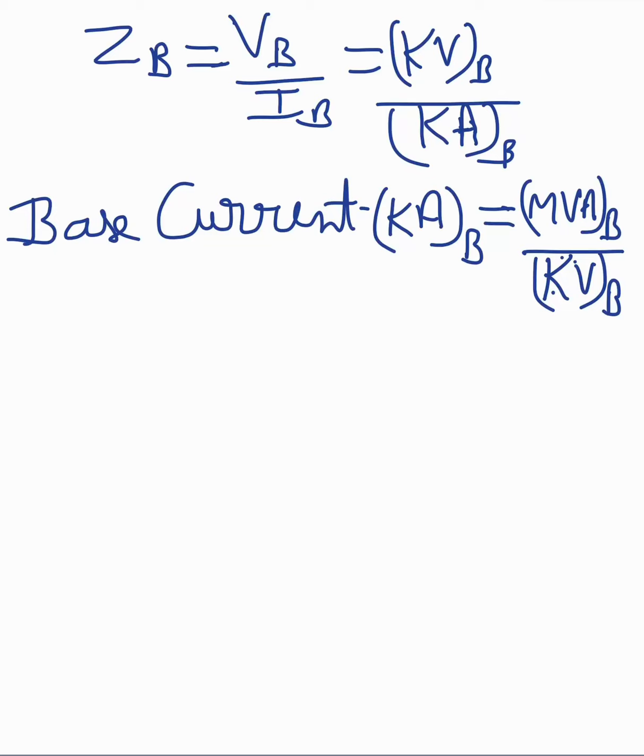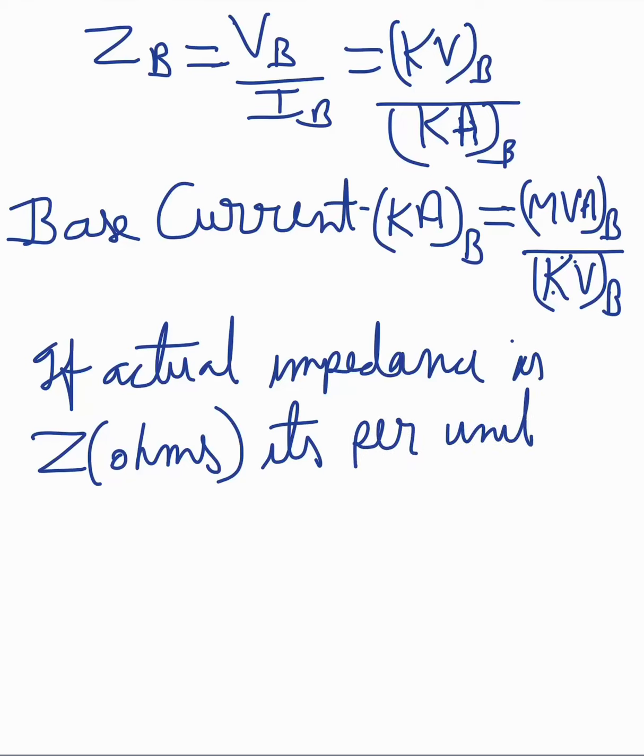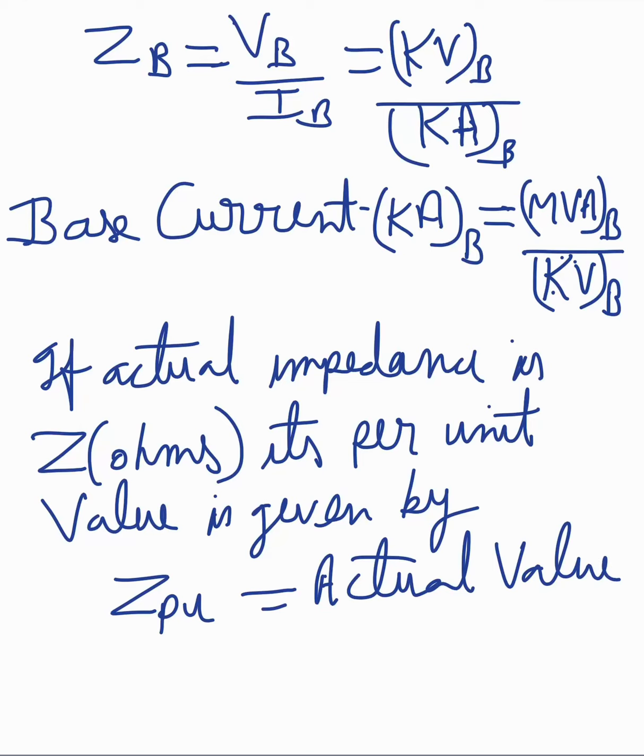So in actual, if impedance is Z ohms, its per unit value is given by Z per unit is equal to actual value upon base value.